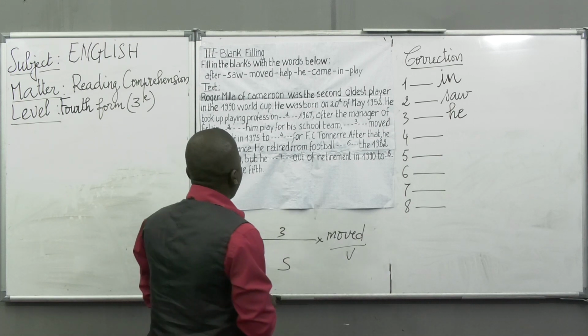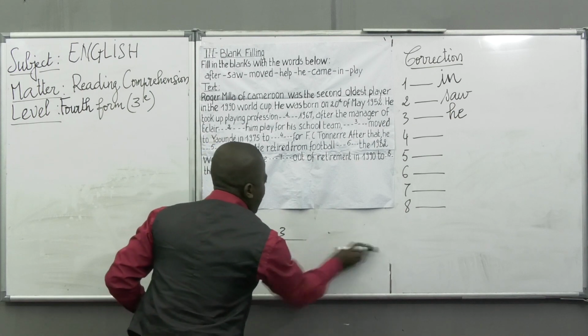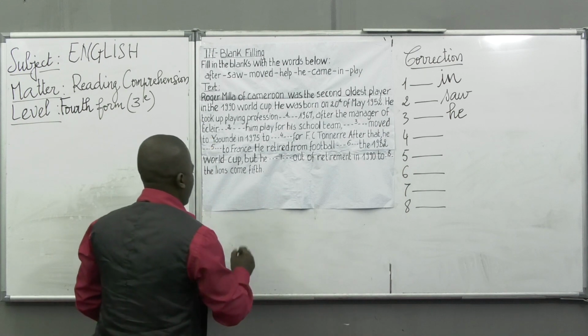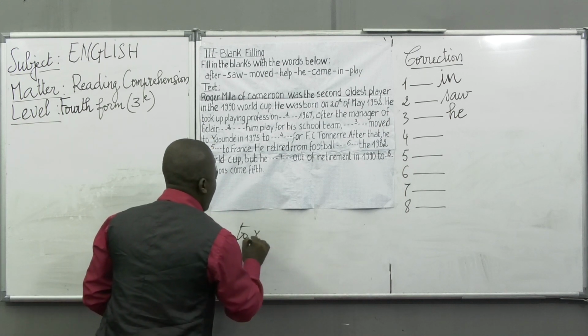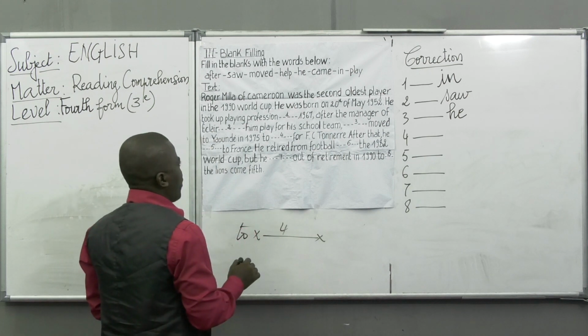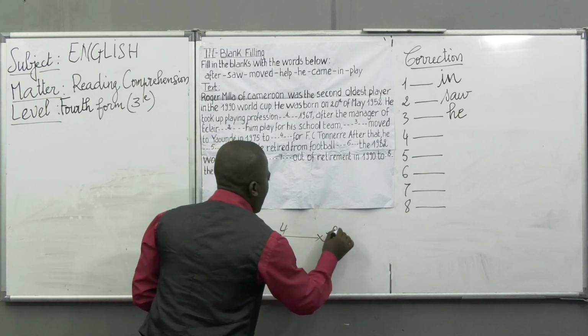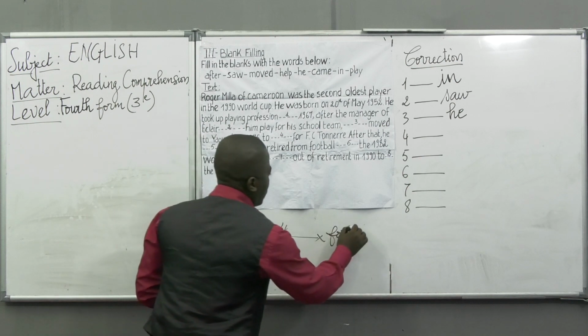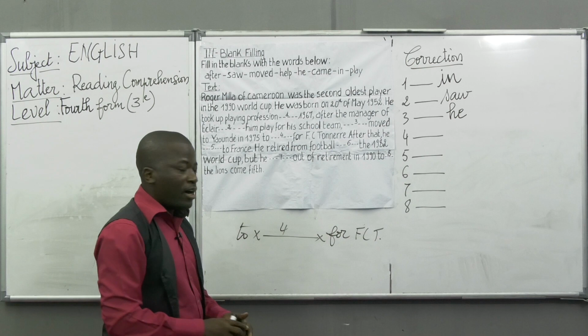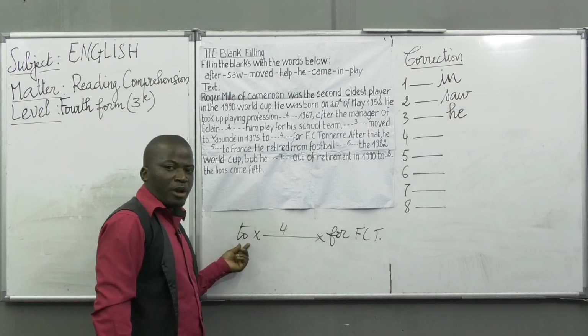Then he moved to Yaoundé in 1977. Gap 4. Before the gap we have to, and after the gap we have for FC Tonnerre. Good. Now, to is a preposition.